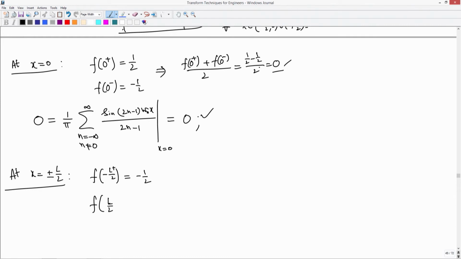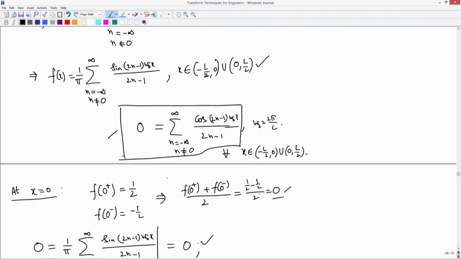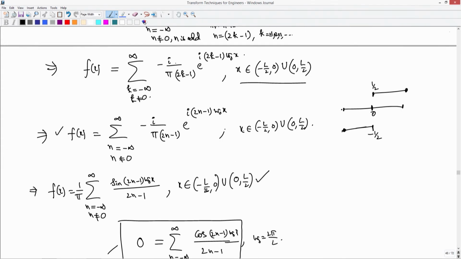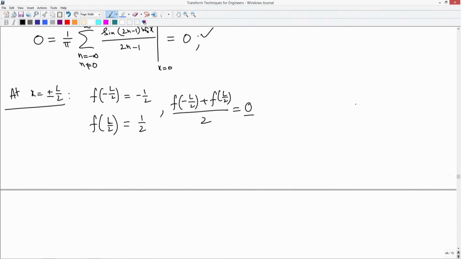At the end points, the Fourier series converges to f of L by 2 plus f of minus L by 2 over 2. So again f of minus L by 2 plus f of L by 2 divided by 2 is 0, because they are minus half and plus half. The average value is 0. So here also it is 0, which you can easily see here.